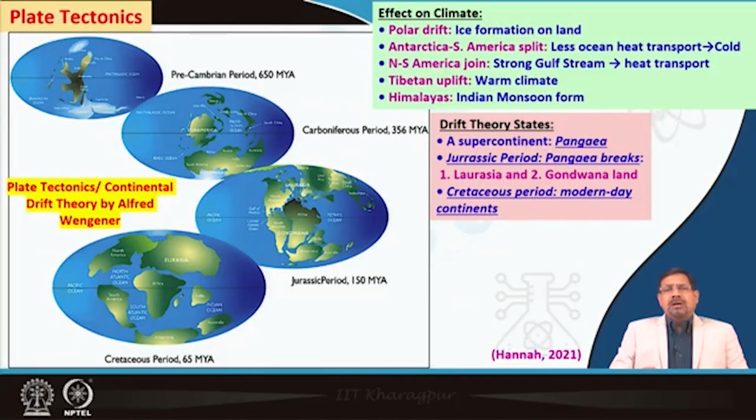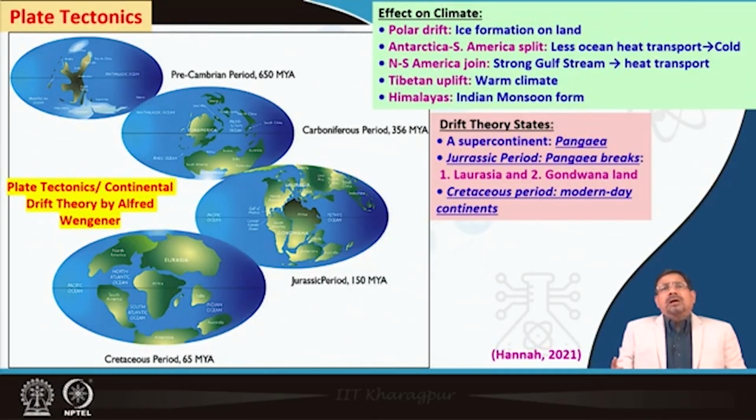Antarctica, particularly the Antarctica and South America split, has given less ocean heat transport, in turn leading to a colder climate. The North-South American joining has given rise to a strong Gulf Stream, and that in turn has led to heat transport.